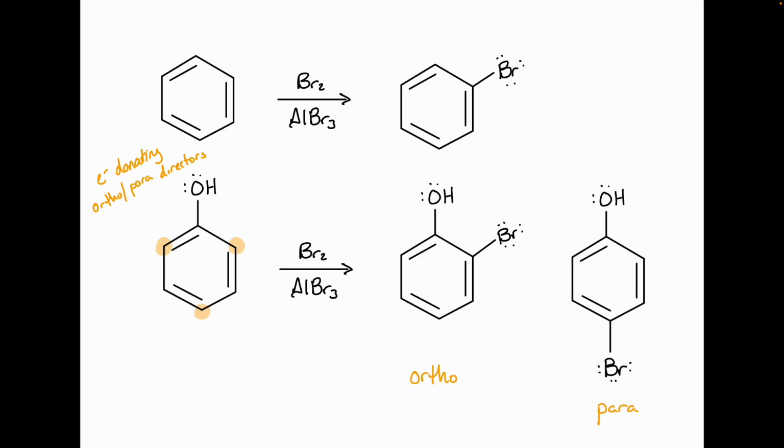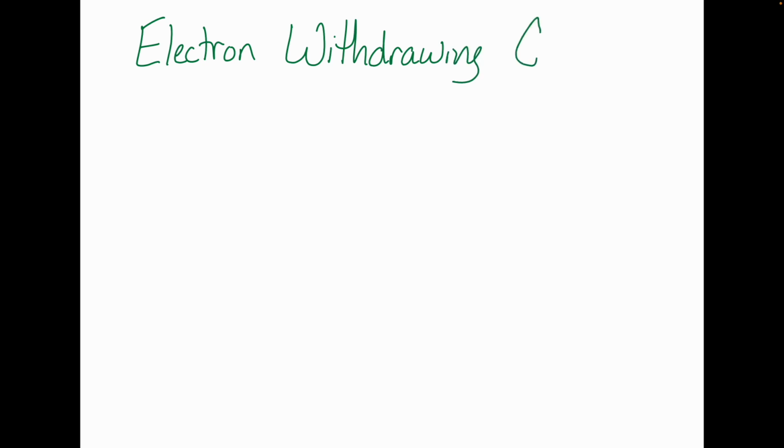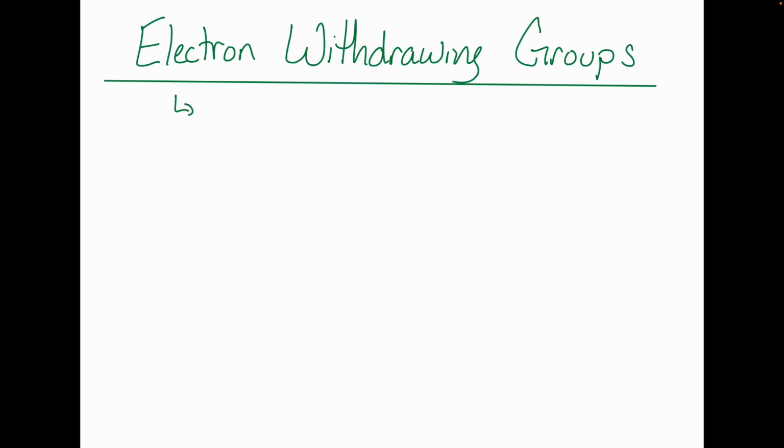All right, so we talked about electron donating groups. We can also have what are called electron withdrawing groups. And as the name implies, these are going to remove electron density from that benzene ring.